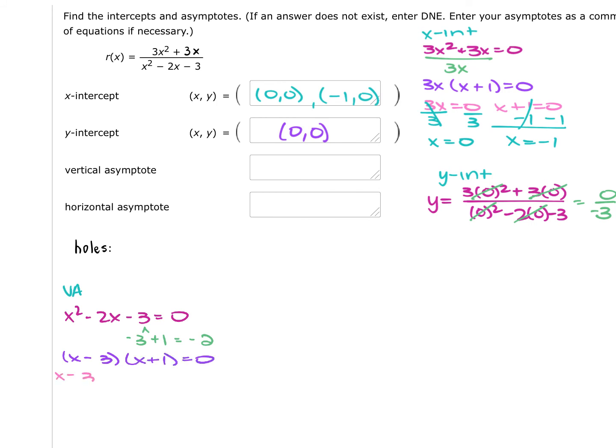We set them both equal to 0 and solve. For the x minus 3 is equal to 0, add your 3 over. You get that x is 3. For the x plus 1 is equal to 0, subtract your 1 over. You have x is equal to -1. So your two vertical asymptotes are at x is equal to -1 and x is equal to 3.